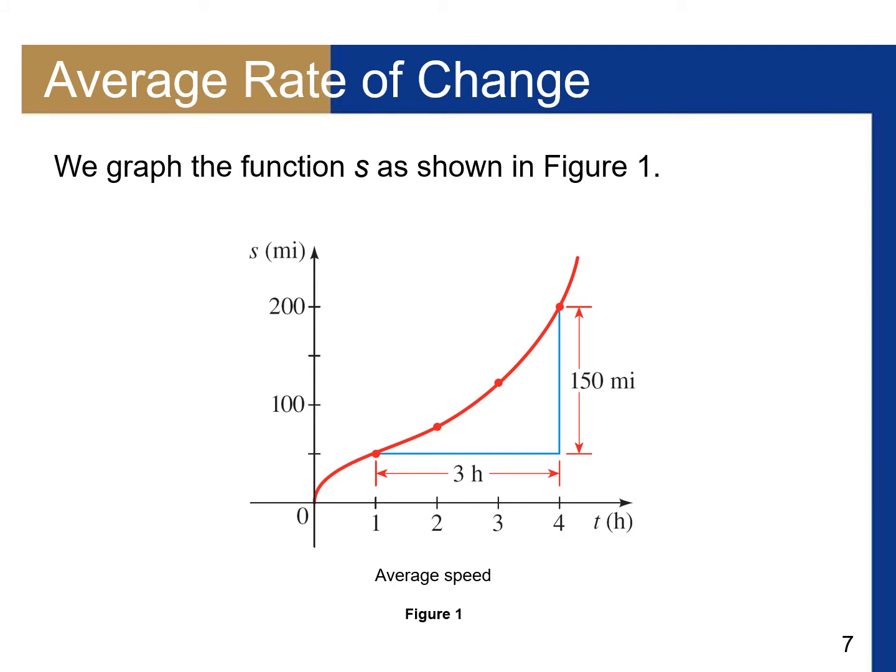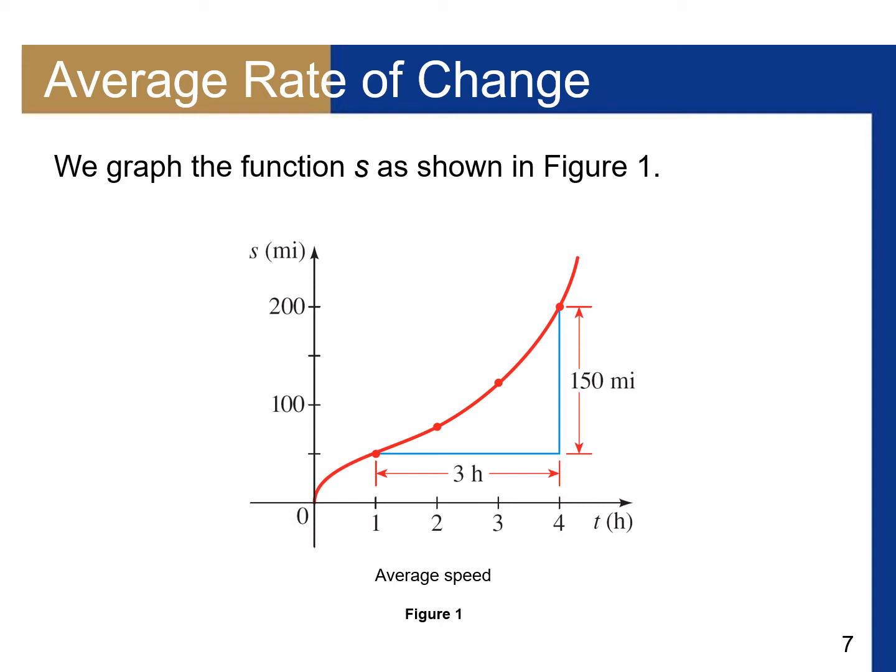We graph the function, so notice that as we start, it's not constant. And if you think about it, when you're driving, you don't drive the exact same miles per hour speed limit everywhere you go. So that's why this is going to change shape.